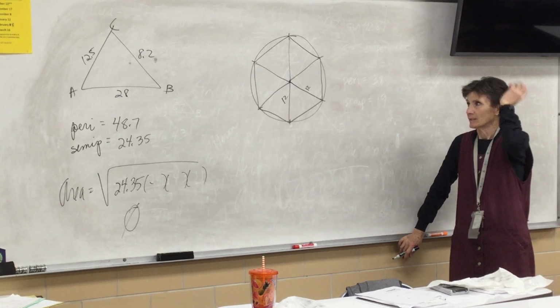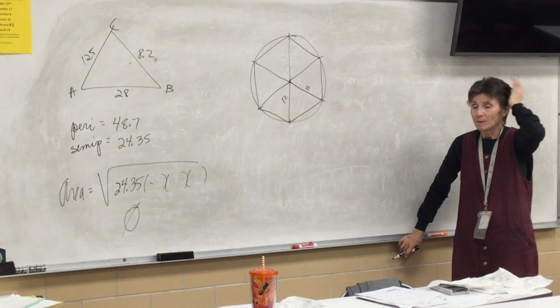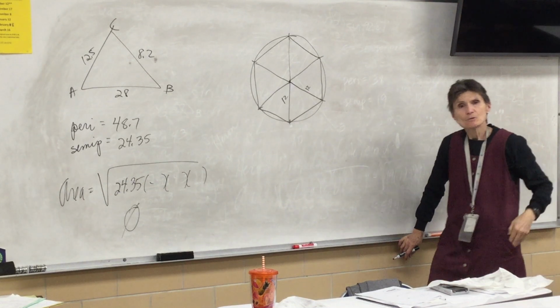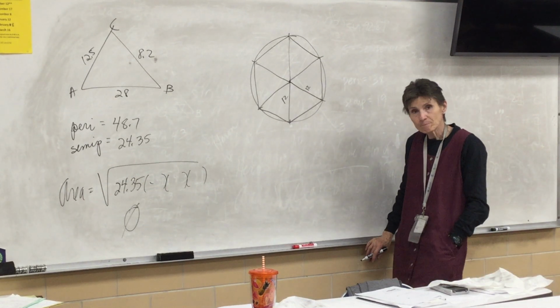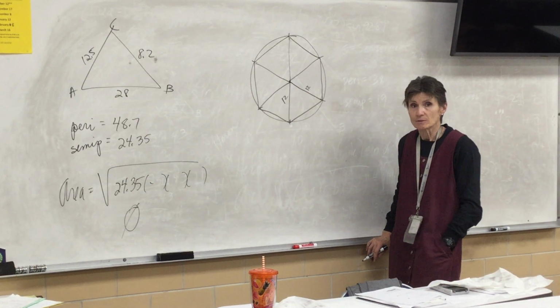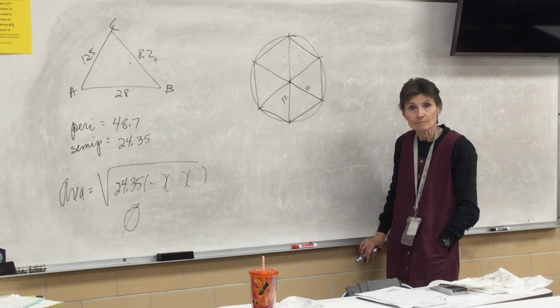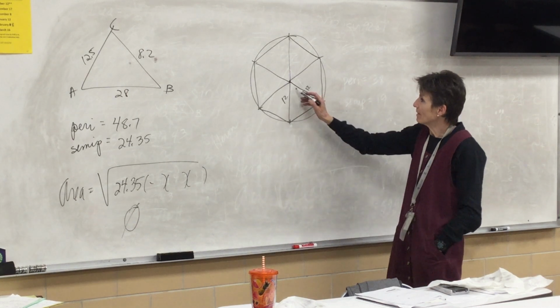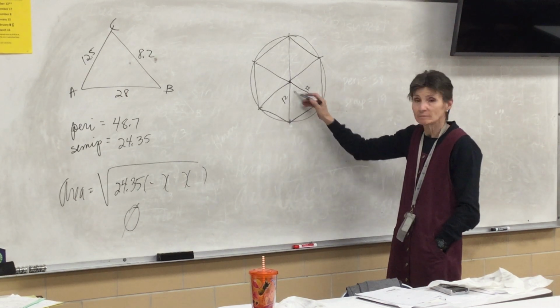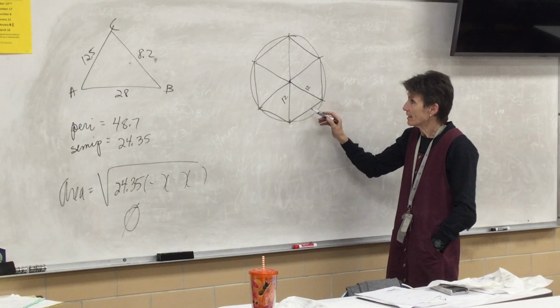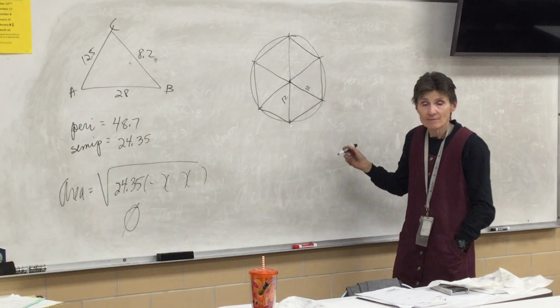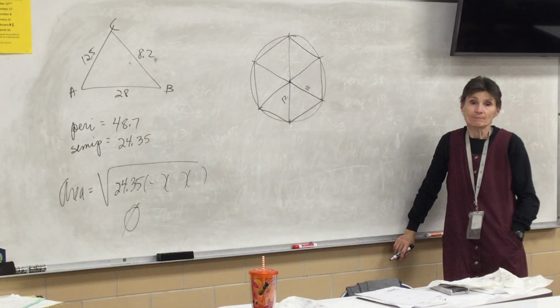Now you don't necessarily have to draw all those in there, but now that I have, can you see that my hexagon is really just 6 congruent triangles? So if I could somehow find the area of this one, I could just times it by 6, and that would be the area of the hexagon.